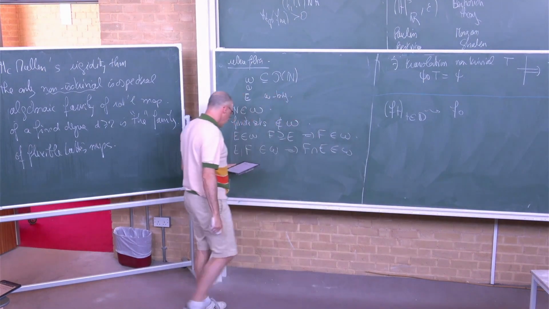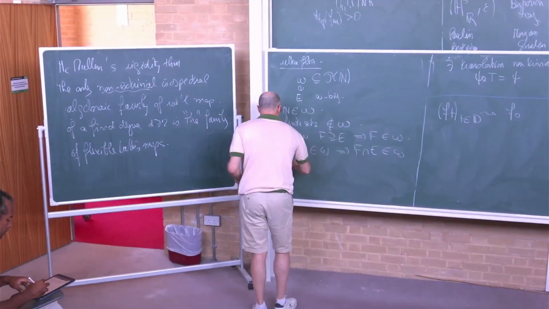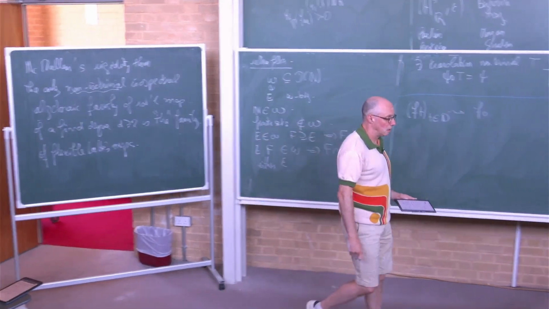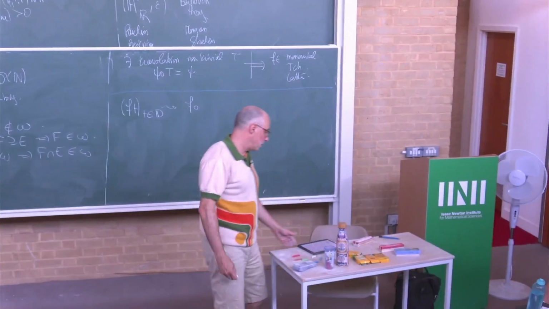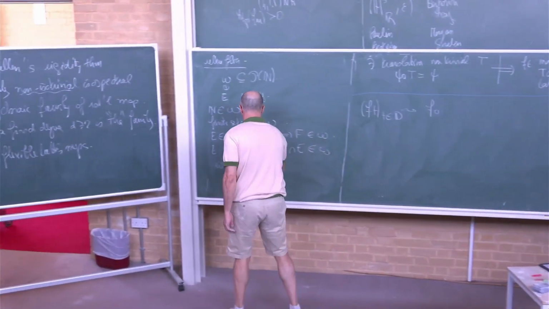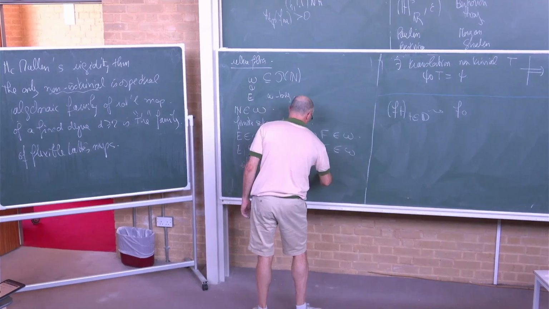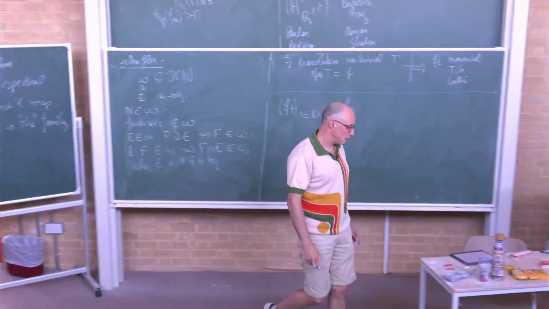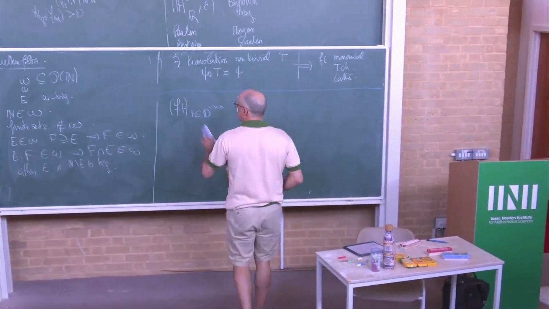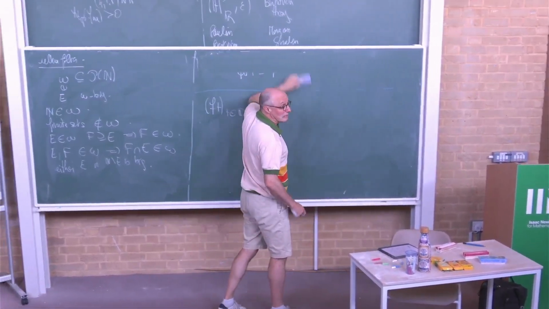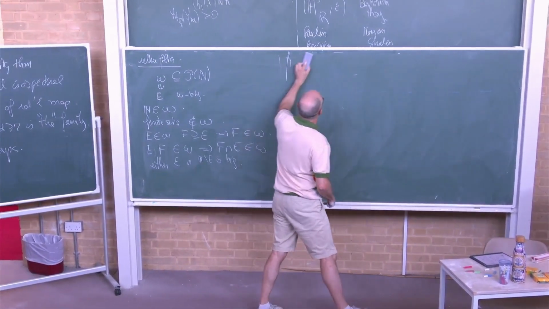So everything is quite natural. And the last one is, if you take any set E, then either E or its complement is big. So does it exist? Yes, if you believe in the axiom of choice. If you don't believe in the axiom of choice, I don't know what to do.